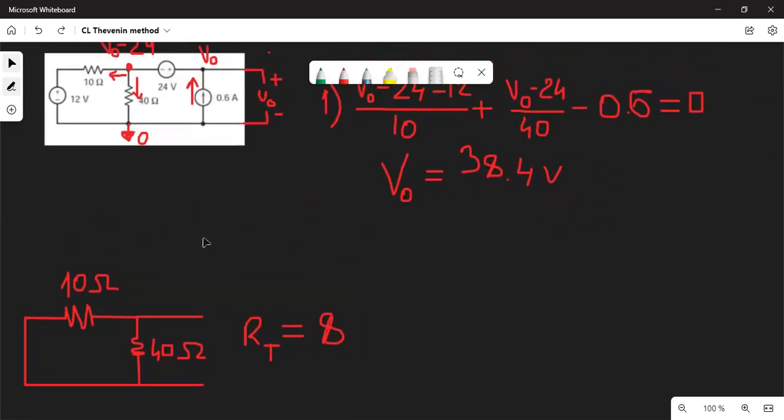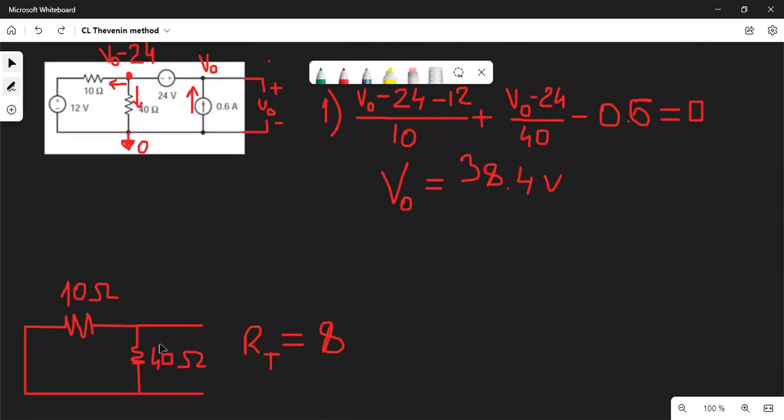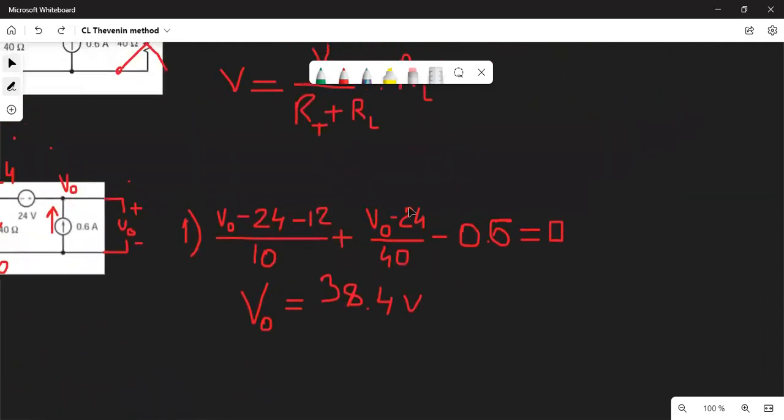So this 10 ohms and 40 ohms in parallel, as a result our Thevenin resistance will be equal to 8 ohms. Let's calculate using this formula.